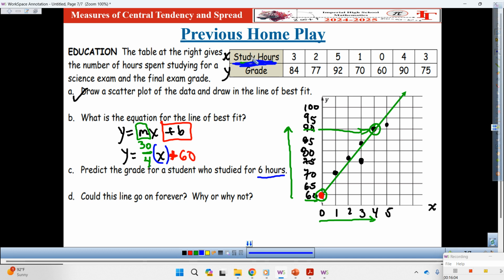What is X? Study hours. So therefore, on this step right here, on your paper, y equals 30 over 4 times 6. I'm going to write 6 over 1. So like that, we multiply the fraction straight across. And at the end, we add 60. Find me the grade of that student after studying 6 hours.